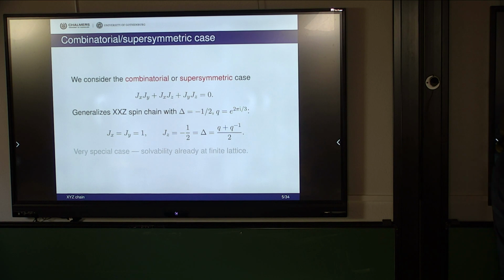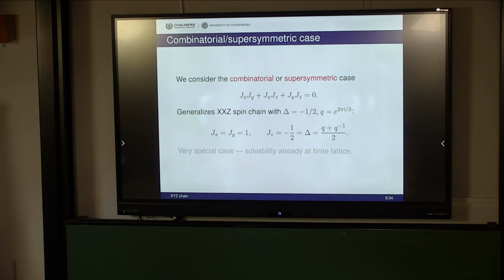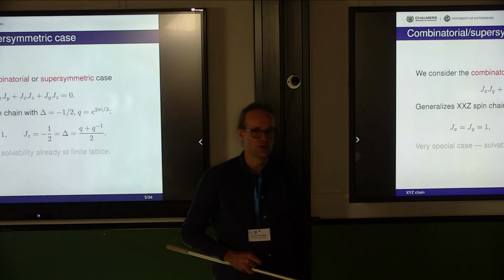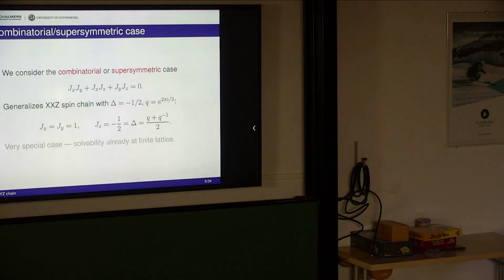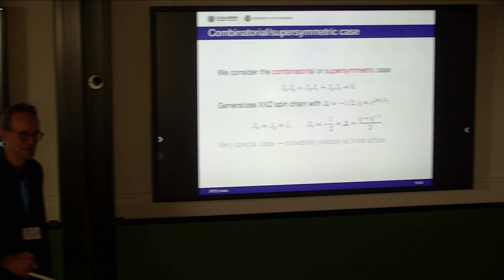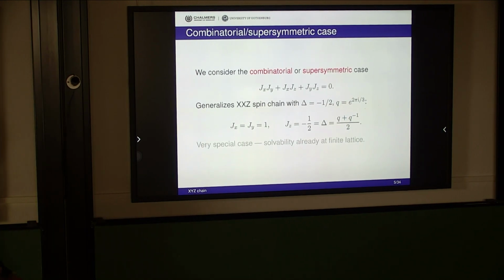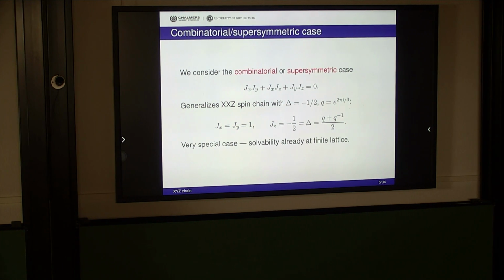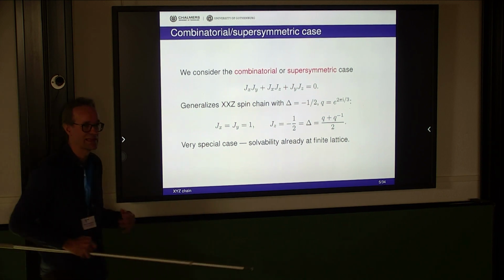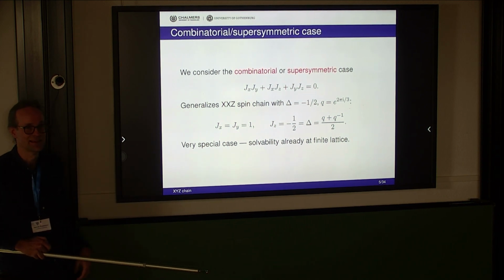Sometimes delta is written as (q plus q inverse) over 2. And then you see that q has to be a cubic root of unity. That was mentioned briefly in Didina's talk, these interesting root of unity cases. And this is really very special because for these parameters we have some solvability already at finite size.